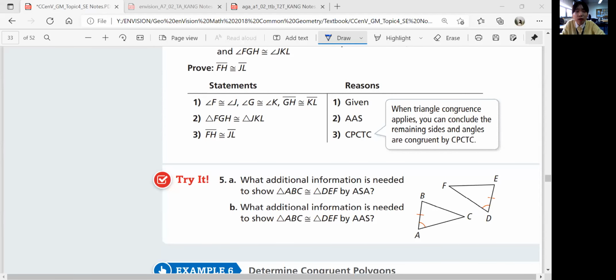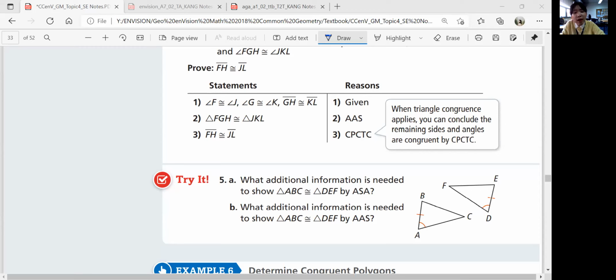So look at try question number 5, A and B. What additional information is needed to show triangles ABC and DEF are congruent by ASA? If you want to prove it by the theorem ASA, which additional information do you need? Remember which information you're using for ASA. You need two angles that are congruent and the included side.